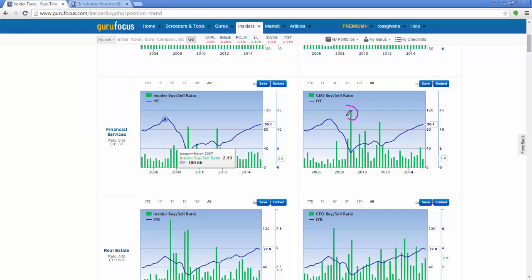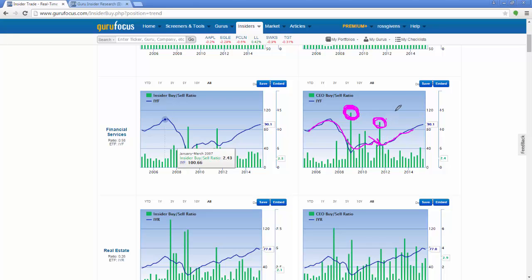The buy to sell ratio went up to 15 here in 2009, so there are 15 CEOs buying their own stock for every one that was selling. And even this little dip in late 11 going into 12, huge buying ratio of 12 buys to every one sell. So this chart isn't extremely detailed.